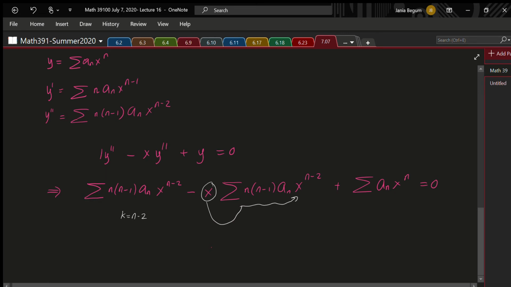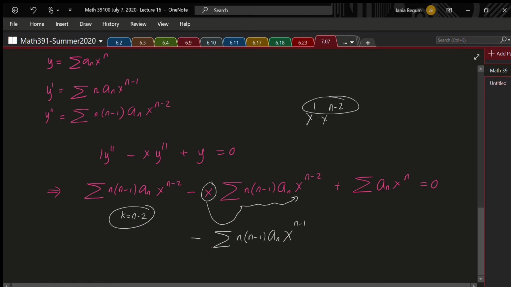K is equal to n minus 2. Well, I'm not going to write the steps, but if I push the x inside, I have the sum of n times n minus 1, a_n x to the what power? Yeah, right? Because here you have x to the 1, and here you have x to the n minus 2.